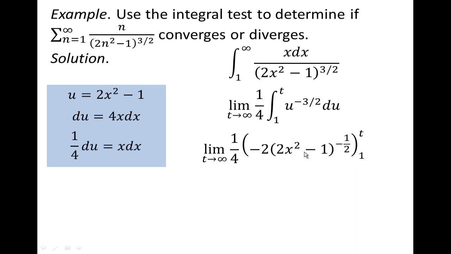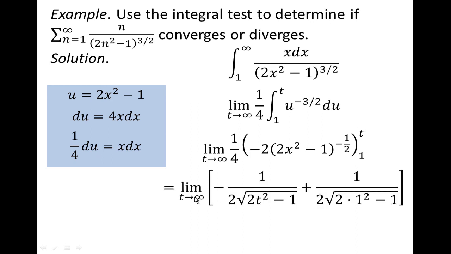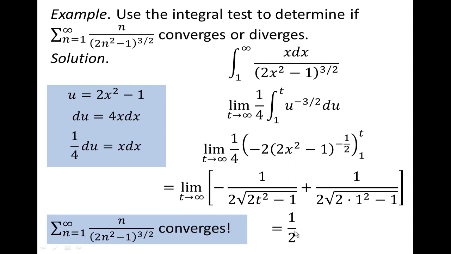Now we calculate, plug t in. We still need to evaluate the limit. But we end up with this fraction, 1/2, and then we have the radical 2t squared minus 1 in the denominator. But this term goes to 0 as t goes to infinity. This term is equal to 1/2, so it's just 1/2. We determine that the integral converges, and so then does the series.